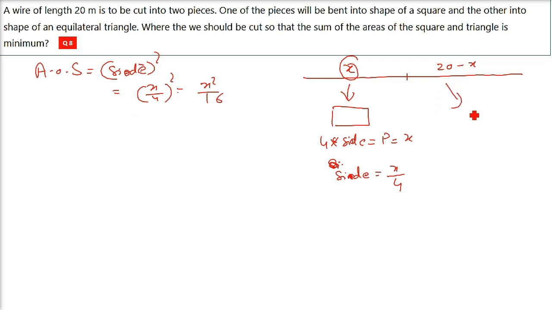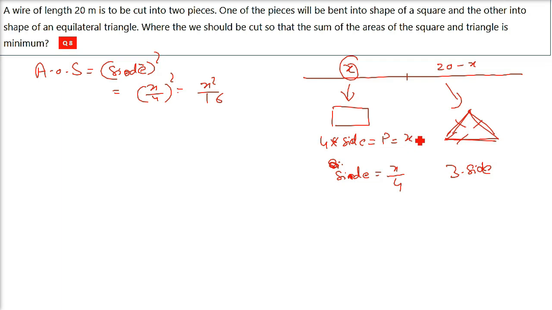The second part is for the triangle, which is the equilateral triangle. Now this 20 minus x is the whole length, and this whole length will be formed into a triangle, and we need the area of the equilateral triangle. Before that we have to find the side. For finding that side, we use the perimeter of the equilateral triangle, that means 3 into side.